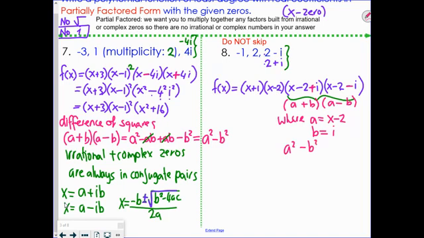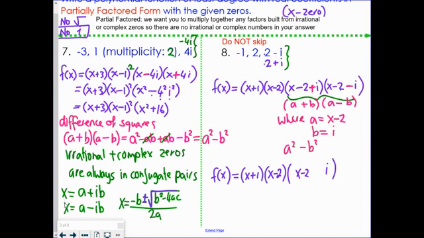That's what we're going to do with the green part. So let's write out the whole thing again. We have f of x equals x plus 1, x minus 2, and now think. We've got a plus b times a minus b, which we're going to replace with a squared minus b squared. So write down your a, x minus 2, write down your b, i.